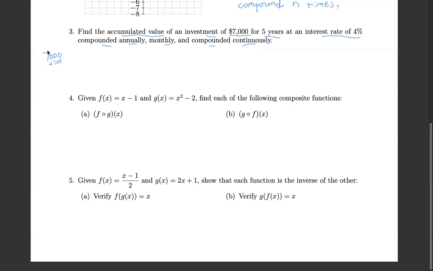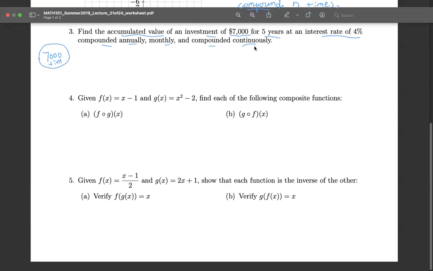When they add interest to this, the next time they calculate interest, they take this as the principal. So your principal keeps changing. Every time they add the interest to your principal, your principal is increasing. So that's what the word compounded means.